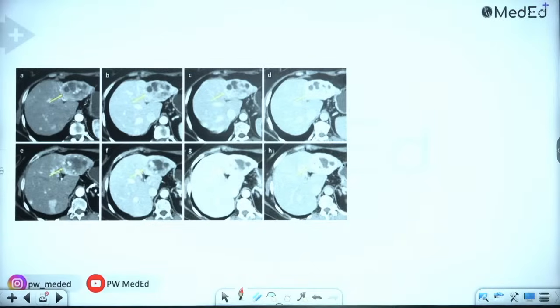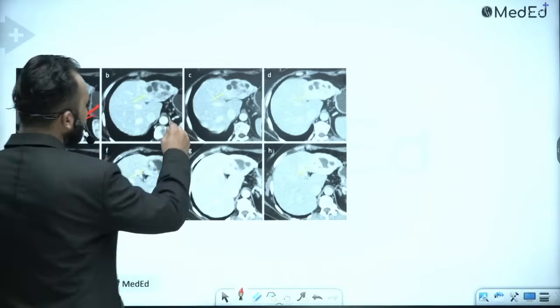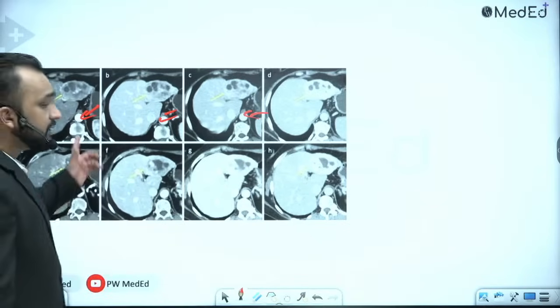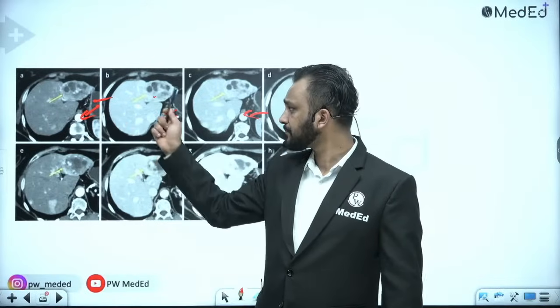It has been shown in the various phases: the arterial phase, portal venous phase, and delayed phase. We can see that there is a lesion in the left lobe of the liver.